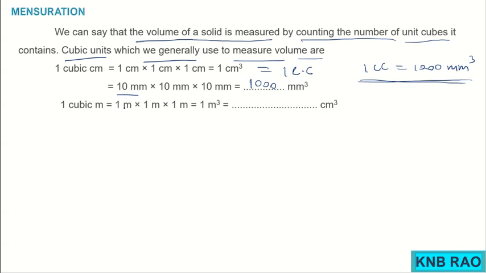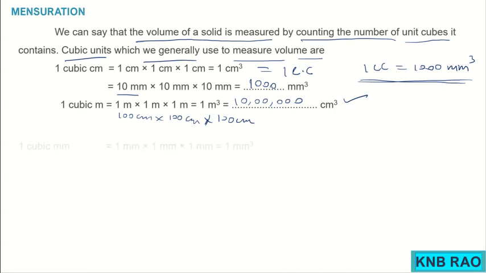Just by substituting 1 meter as 100 centimeter, 100 centimeter into 100 centimeter into 100 centimeter gives us 1 meter cube converted into centimeter cube. So 100 into 100 into 100 gives 10 lakh centimeter cube. This is another important bit.